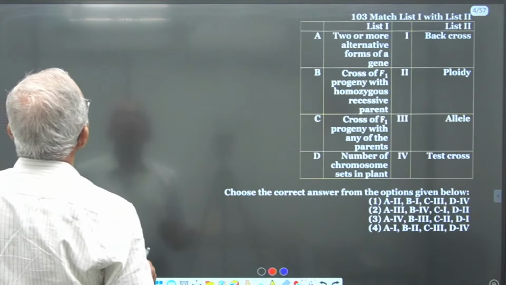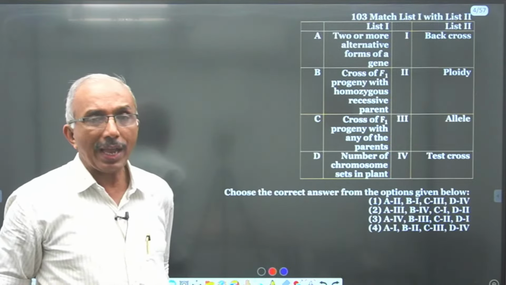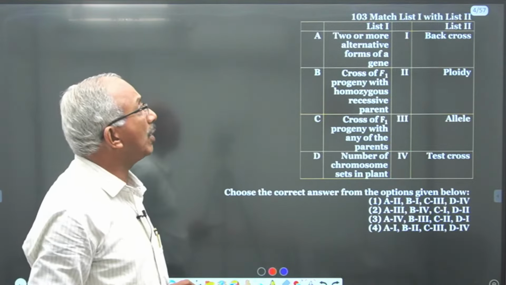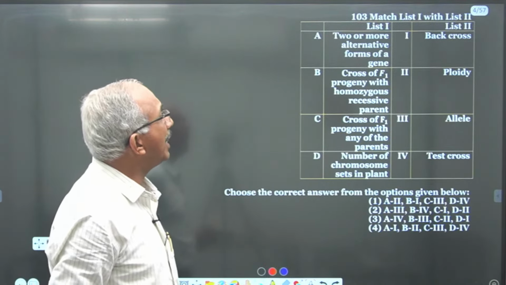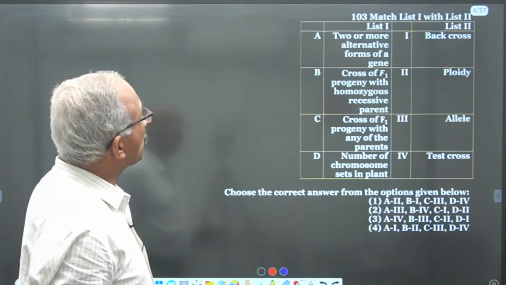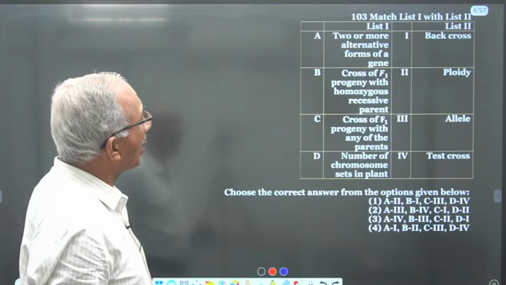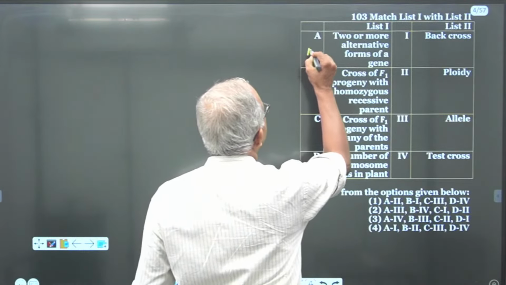Next. This is a match the following. So 4 items are given in list 1 and 4 items are given in list 2. First A, that is, 2 or more alternative forms of a gene.